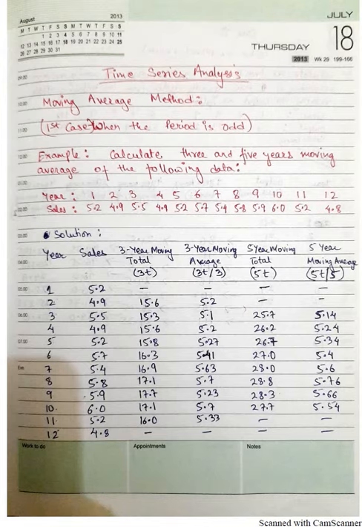So we are asked to find the 3 years moving average and 5 years moving average. Both are odd periods, so we can apply the same method to find it.